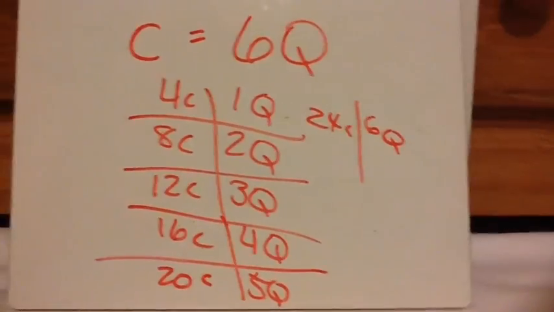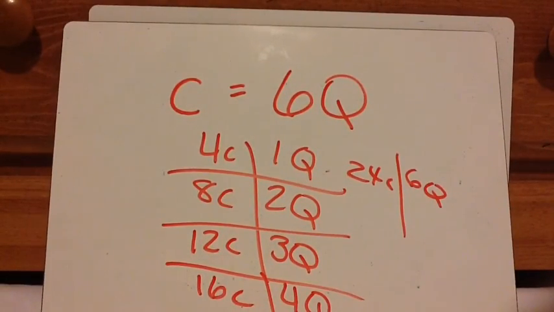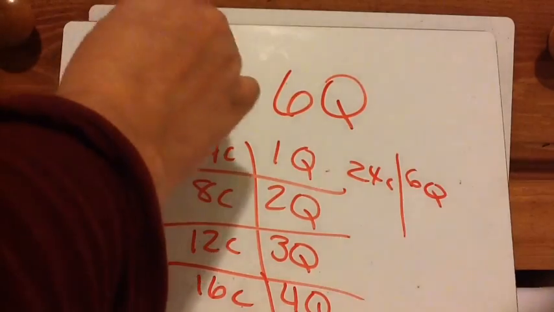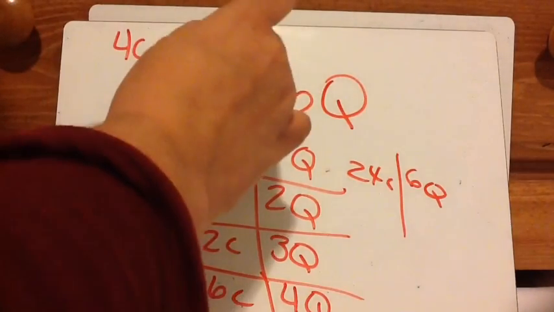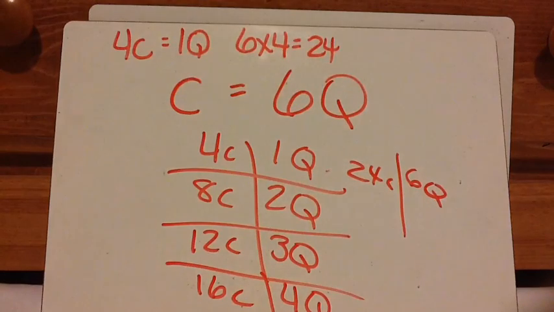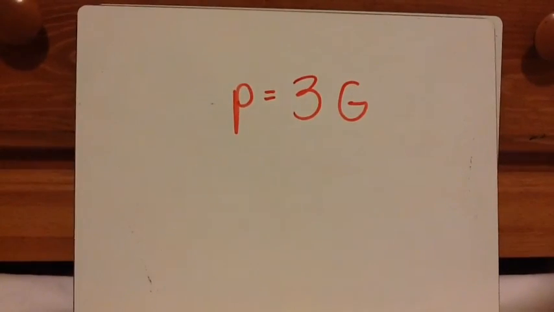If you understand multiplication really well, you can just answer the question and say, well, if 4 cups are in 1 quart, there's 4 cups in a quart. So if I have 6 quarts and each quart has 4 cups, I can just multiply and get my answer. Suppose I have another question. How many pints are in 3 gallons? So I would set up the table.